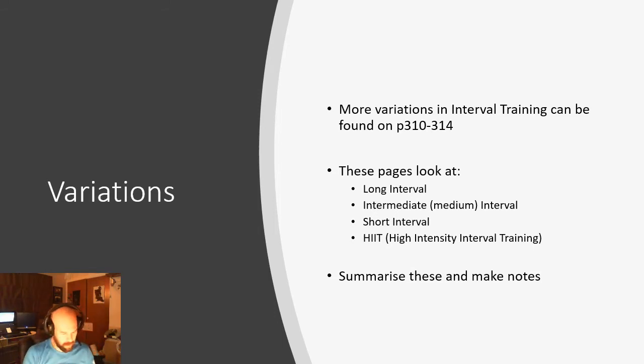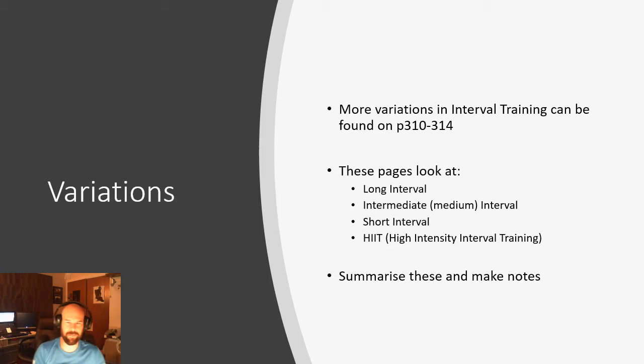I haven't included every single type of interval in this PowerPoint. I figured you guys could do a little bit of reading to break it up, make it a little bit more interesting, and also to help me get this out a little bit quicker to you.